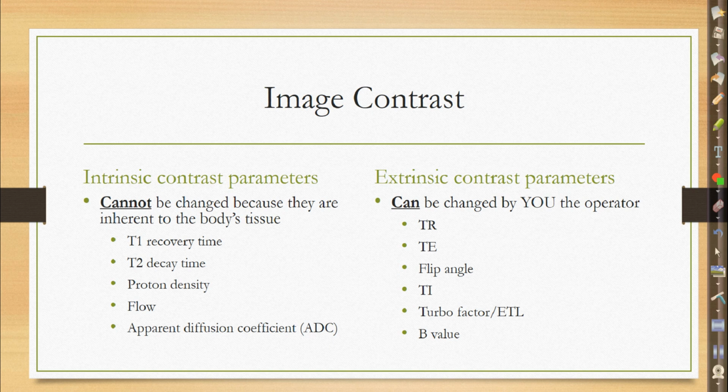So going back to X-ray, what do you think are our extrinsic parameters that we can adjust in X-ray? What are the parameters on your X-ray console that we can adjust? kVp, mAs, okay, or just mA and mass, focal spot size. What else? What are some other things on that control panel? Yep, AEC.